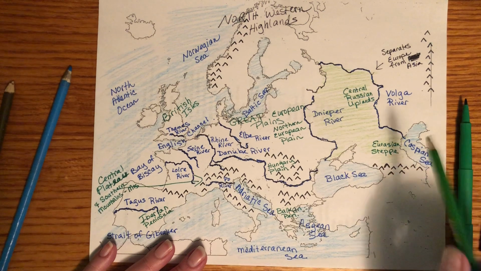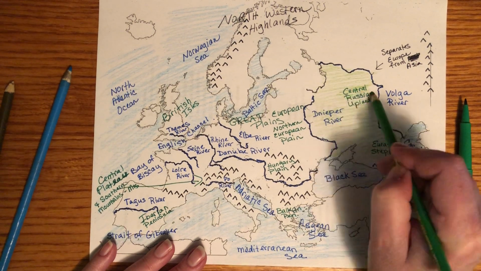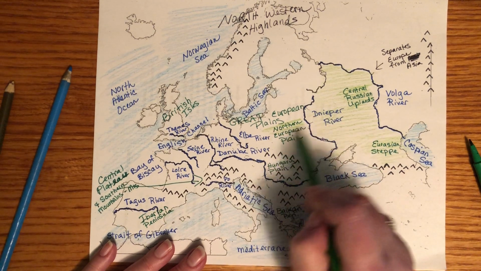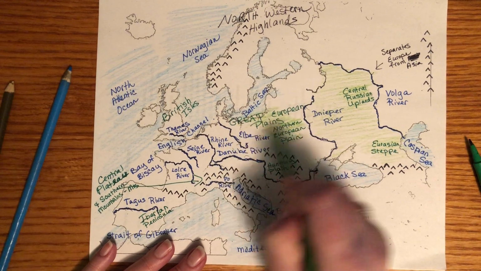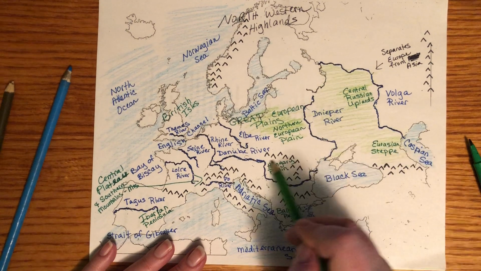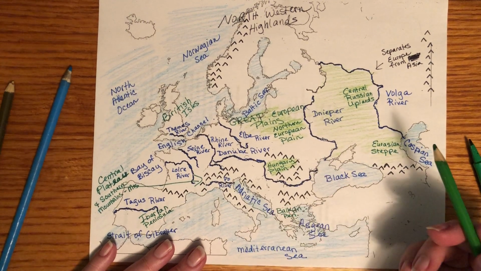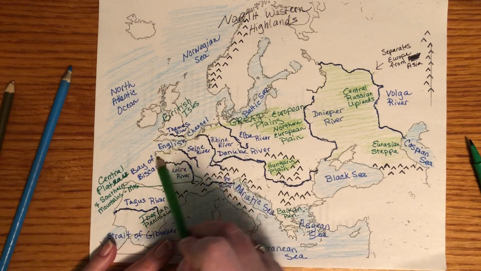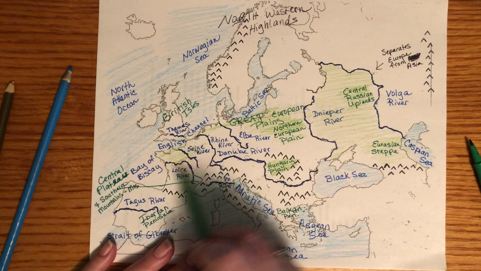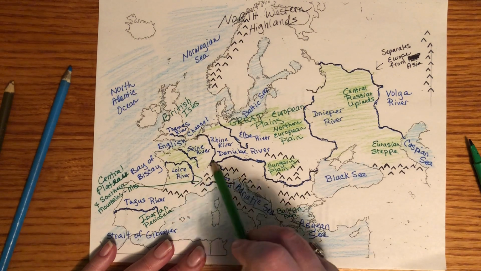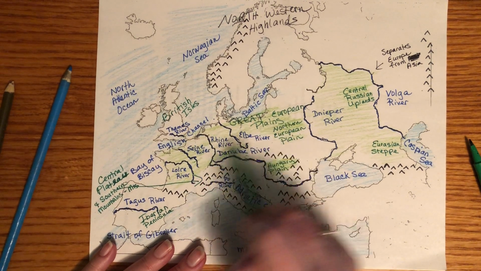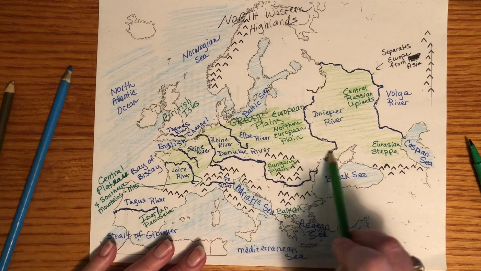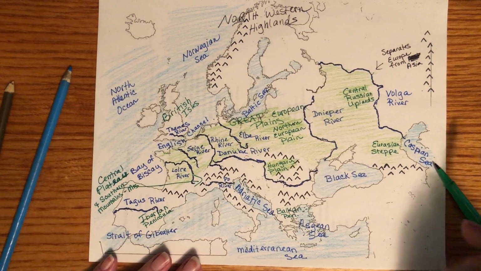Down here, Eurasian steppe, Central Russian Uplands, our Northern European Plain, which extends over here, our Hungarian Plain, and don't forget the Northern European Plain extends all the way out over here to Western France. All right. What else did I miss?